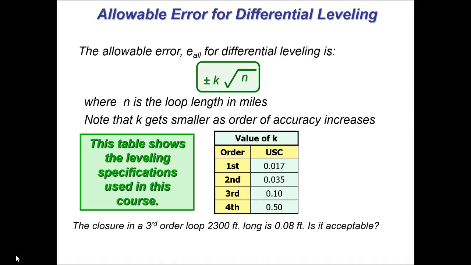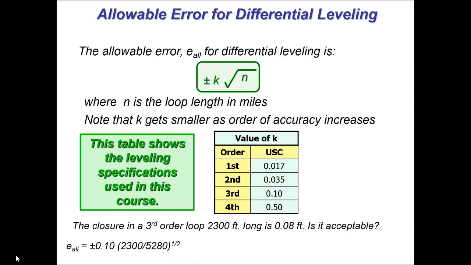So that's how far off we were, 0.08 feet. And we need to figure out if that 0.08 is acceptable, because that was how far we were off as we were doing that loop and went from the oak tree to the elm and back to the oak. We were off by 0.08 feet. So we need to figure out if that's an acceptable error.